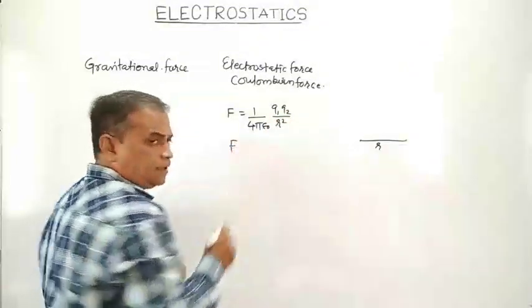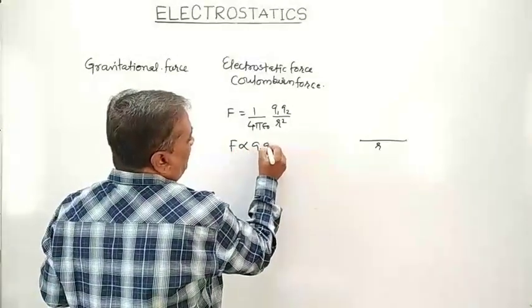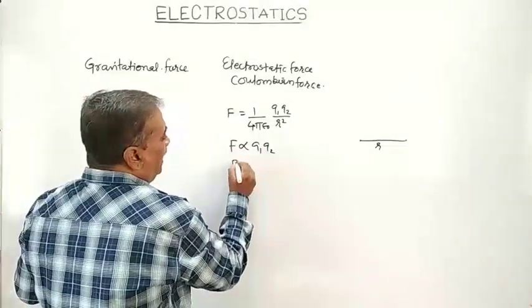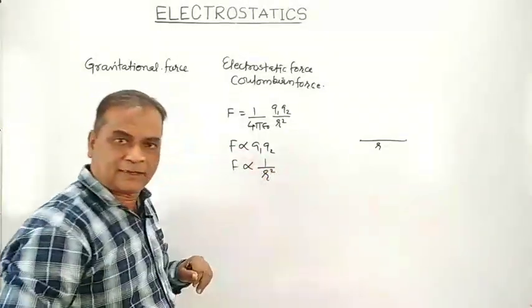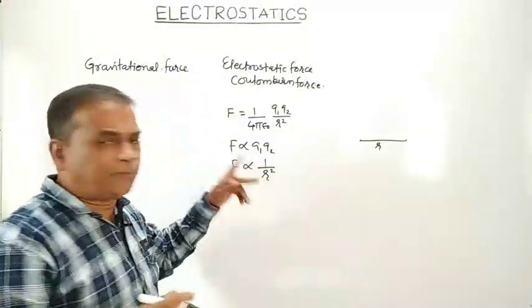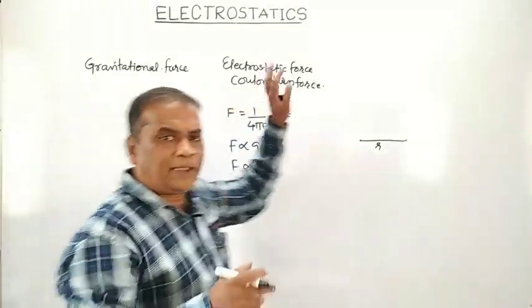It means this electrostatic force is directly proportional to the product of the magnitudes of the two charges, and inversely proportional to the square of the distance of separation between them. Now it was given by Coulomb.